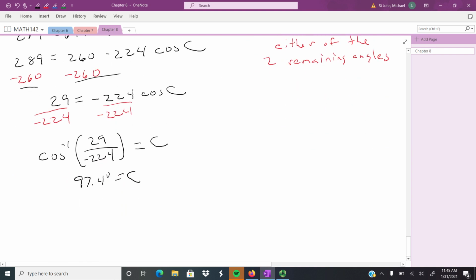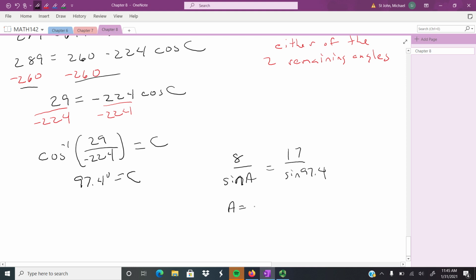So we can now go back to using our law of sines, and so we could have 8 over the sine of A is equal to 17 over the sine of 97.4.